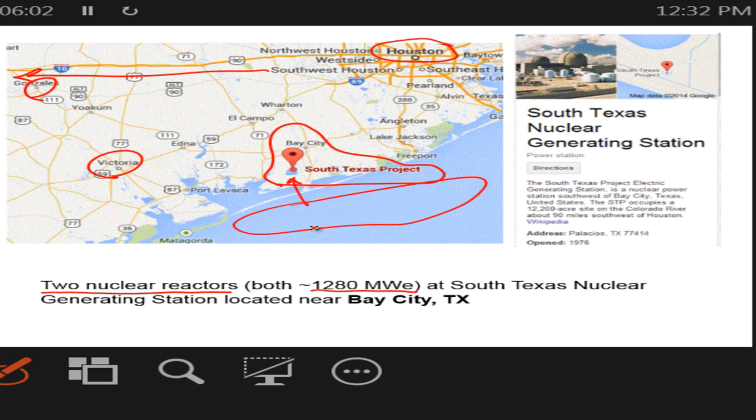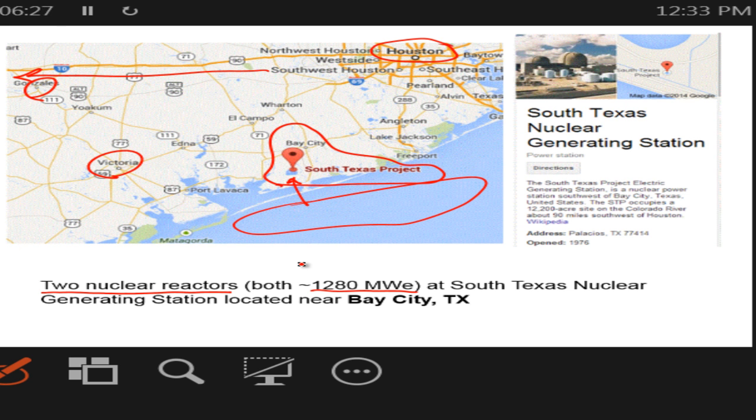Who owns these two reactors? The City of San Antonio owns 40%. Last year, 30% of the electricity used here in this building was from those two reactors, that power plant. 30% of what you used as a citizen of San Antonio came from nuclear power.